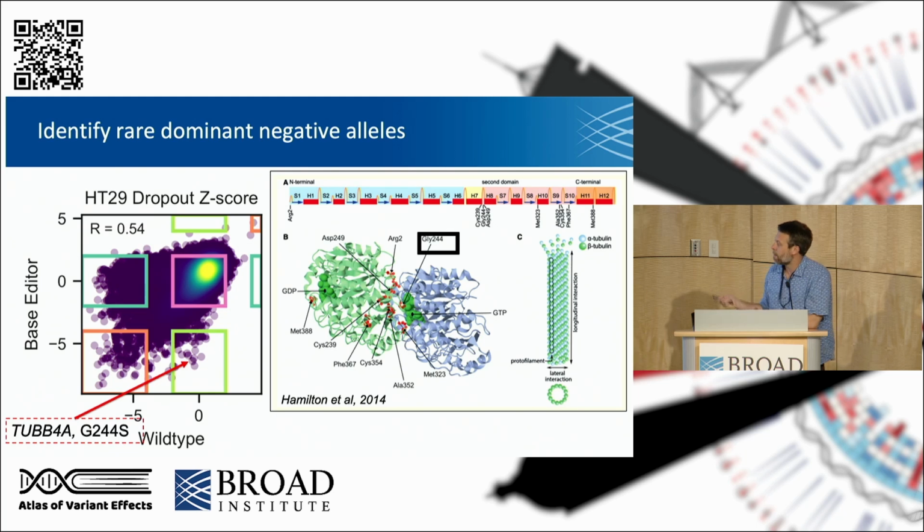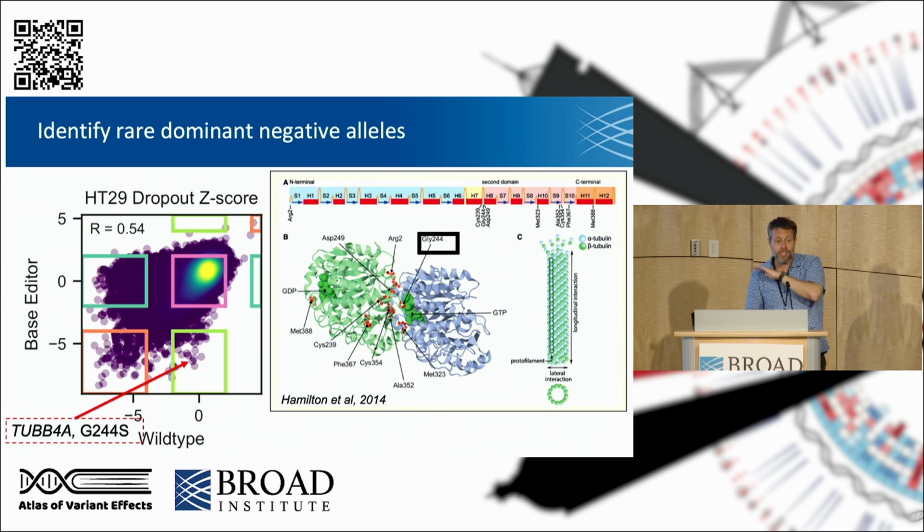And here's one example. So this is a guide RNA that introduces a G244S allele in this gene TUBB4A. TUB is a tubulin gene. And the way this seems to function, so this is a gene that is known to give rise to leukodystrophy, I think. If you have this mutation, a point mutation, then this broken version of tubulin will go into the growing tubulin fiber and prevent it from being extended.